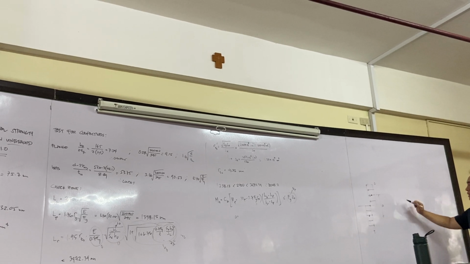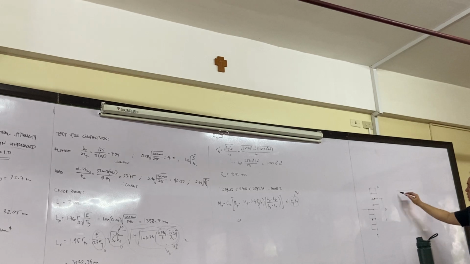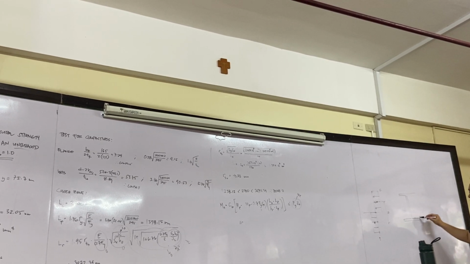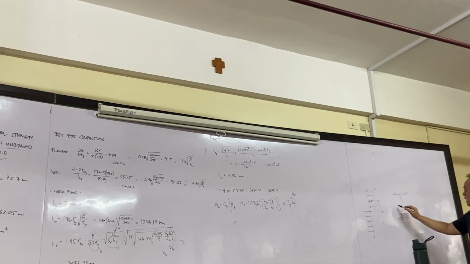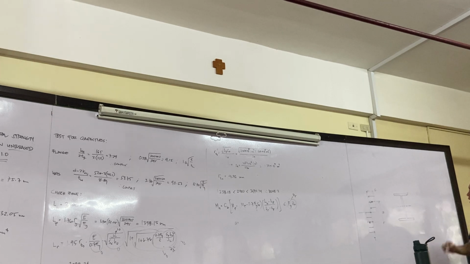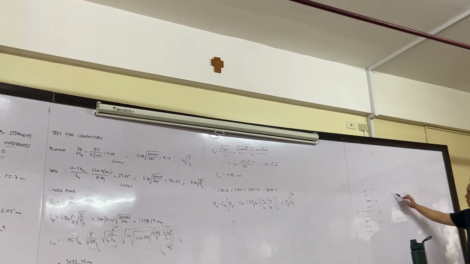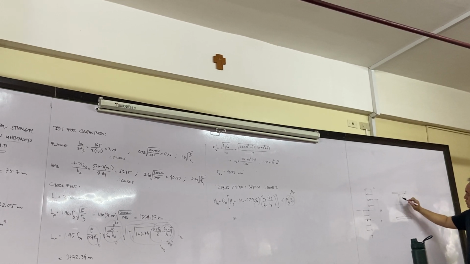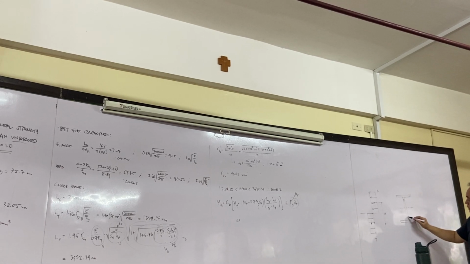Basically, if that is a half section of a wide flange section, cut through the neutral axis, it now becomes a WT section.